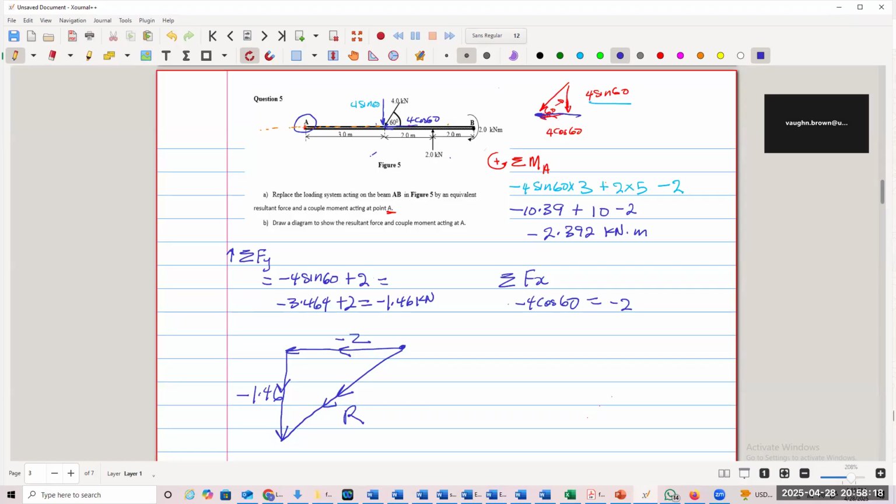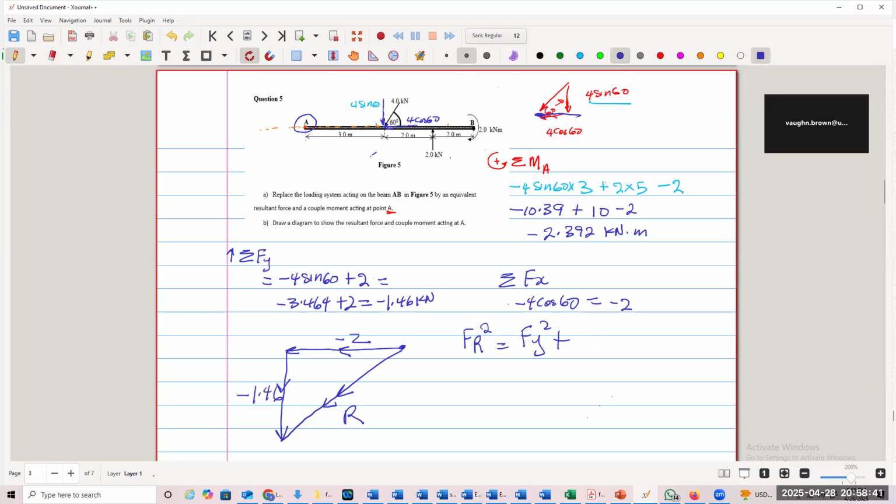I hope I'm not confusing you. Listen to me, this is what we ask you for: the resultant force. F resultant is going to be equal to Fy squared plus Fx squared. That is simple, that is exactly what we ask you for. Let me write that properly.